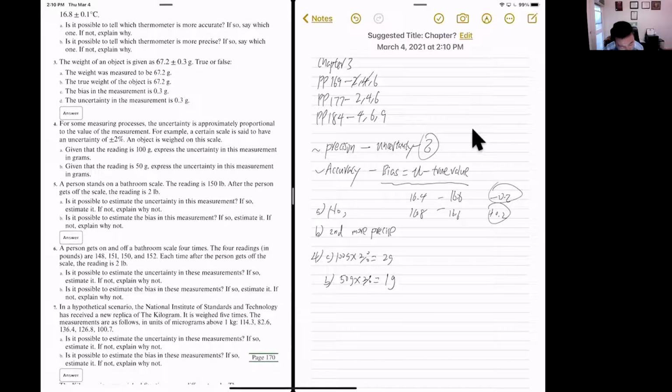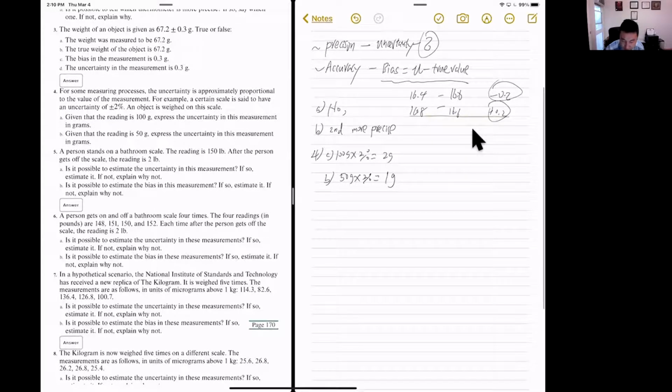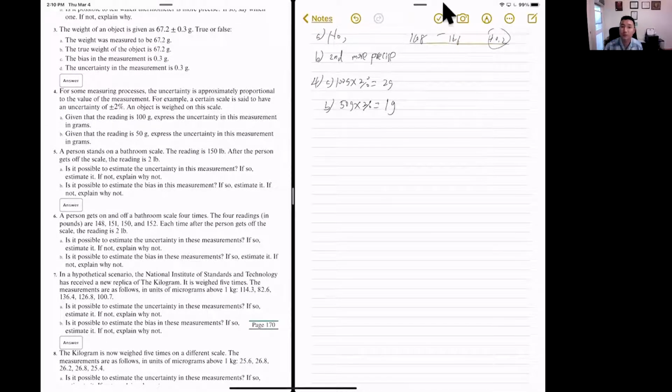Next question is question number 6. A person gets on and off a bathroom scale 4 times, so 4 measurements. The readings are 148, 151, 150, and 152.